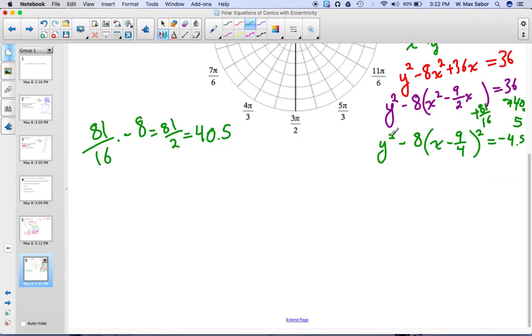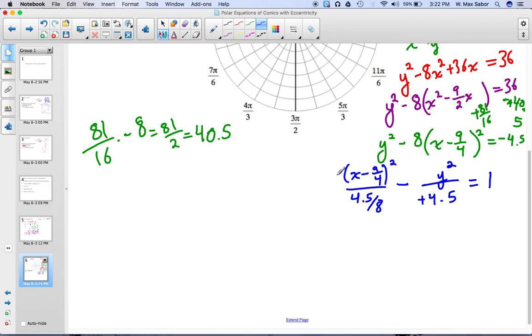Now divide by negative 4.5, and we get y squared over negative 4.5, and then this is x minus 9/4 squared, and 4.5 divided by 8.